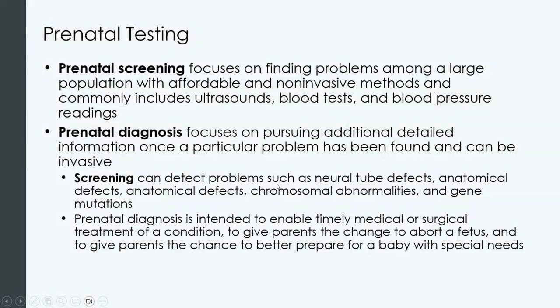And it had to be something you knew about so that they could look for it in a targeted way. Now we have much more accessibility and it's much more affordable, and it can even often be covered by insurance. So we have prenatal screenings that can lead to a prenatal diagnosis. Those screenings don't only involve ultrasounds and blood tests, but also can involve genetic testing, especially when genetic diseases in the family are suspected.